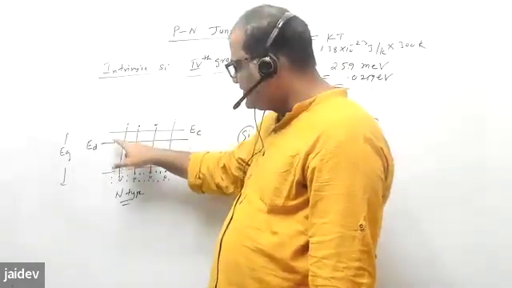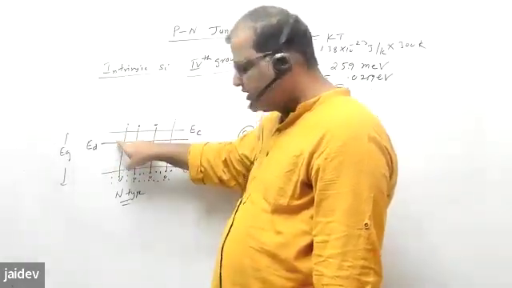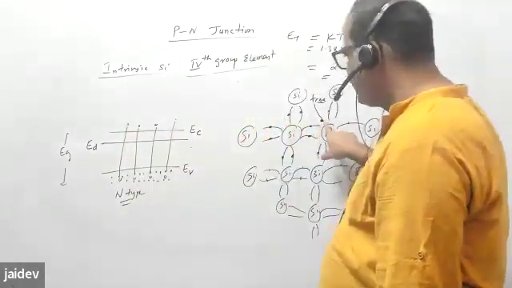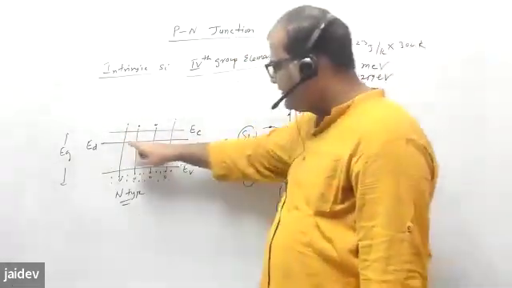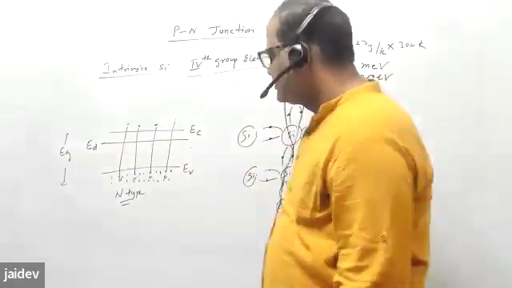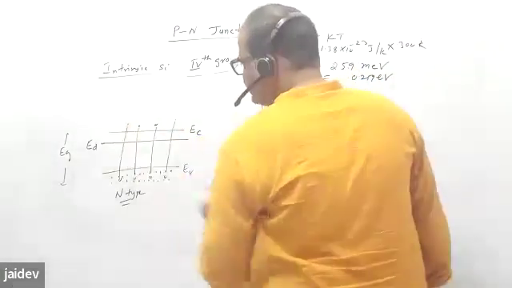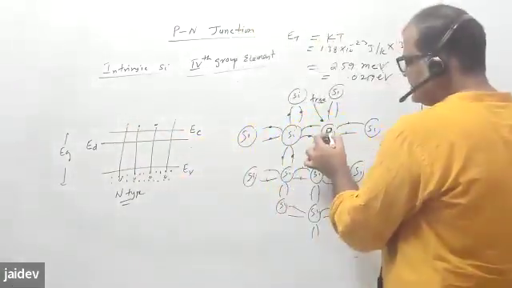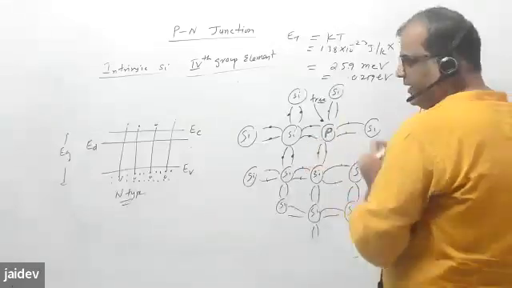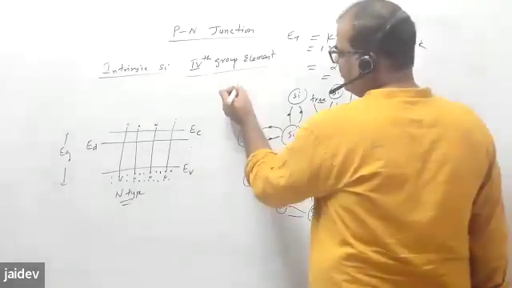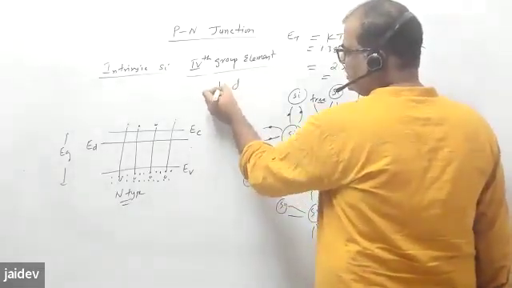If I give this much energy, the electron sitting here, that means sitting on the phosphorus atom, can go here. So here all the doping atoms are sitting. Generally this is the dopant, and we denote it by D. So this is ND.